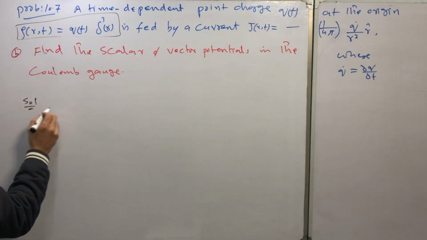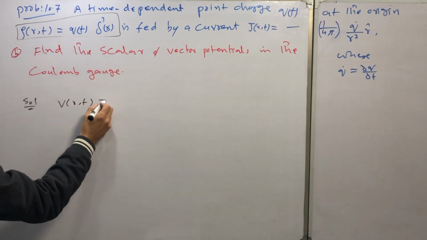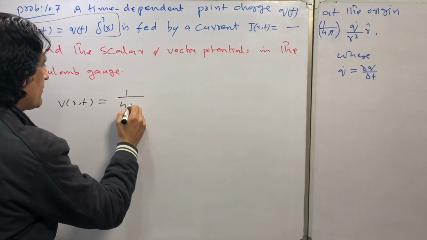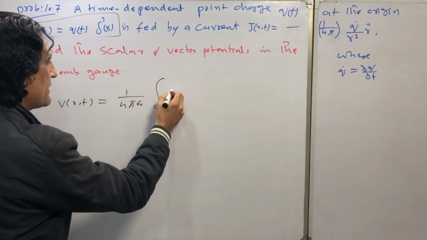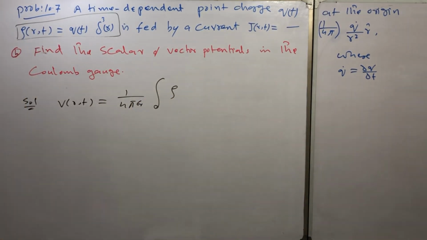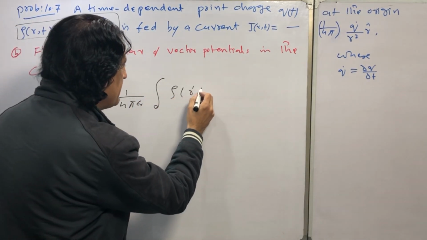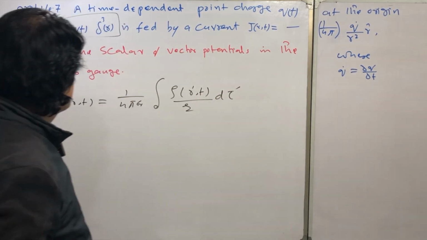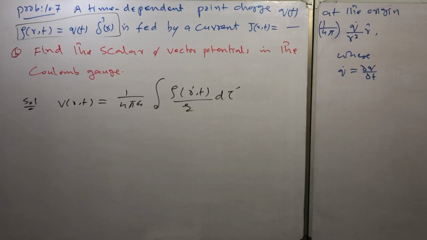The solution is V of r and t, which is equal to 1 over 4 pi epsilon naught integral of rho of r prime and t divided by r, d tau prime.